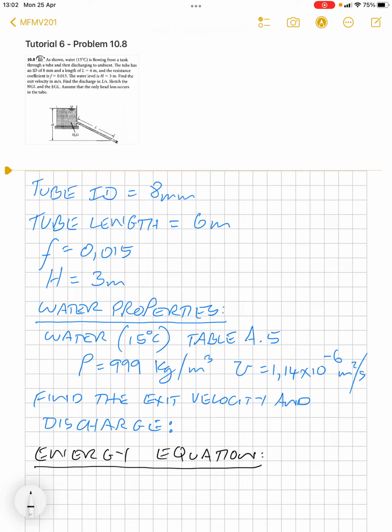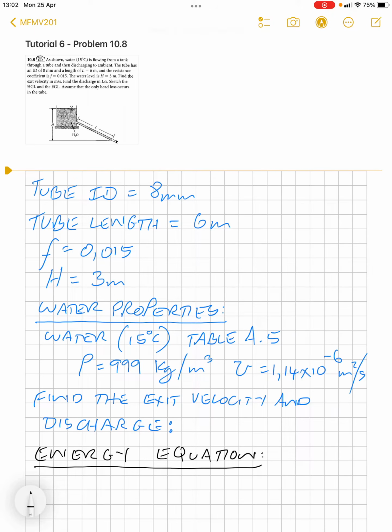Looking up the water properties on table A5, we get a rho value, the density of water, of 999 kilograms per cubic meter, and the kinematic viscosity 1.14 times 10 to the minus 6 square meters per second.